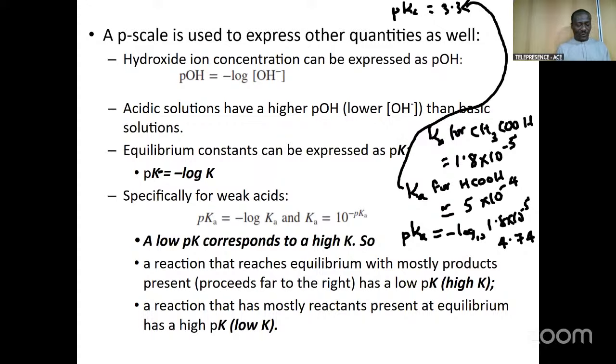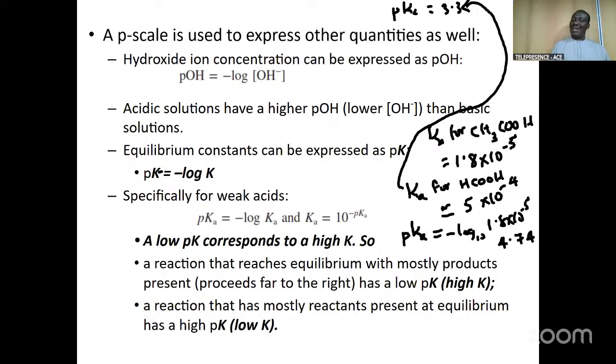So we can say, therefore, that an acid that has a low pKa is a stronger acid than an acid that has a higher pKa. I want that to sink into our minds.